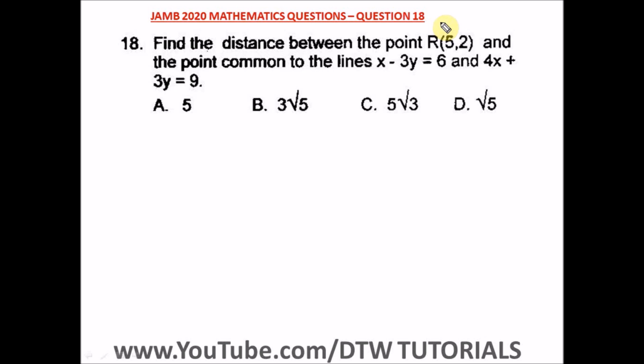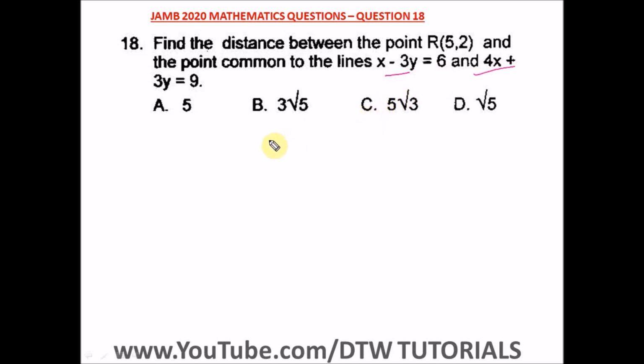So now we found the coordinate R. So let us find the coordinate that is common between these two equations, and we can give it any alphabet. I'll call it s. So we're looking for coordinate s.